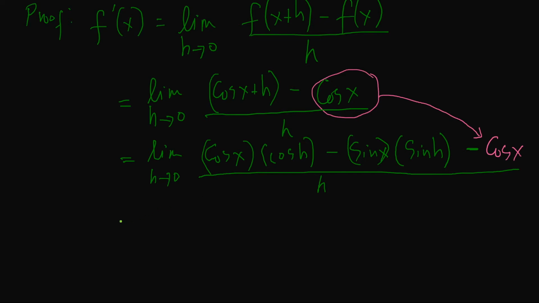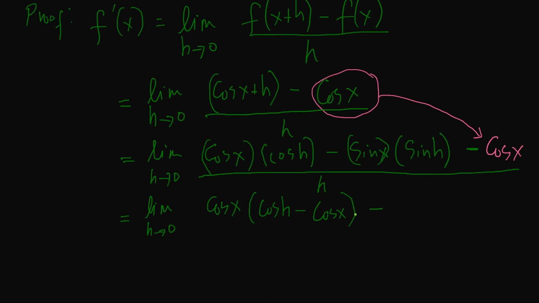Same as the process in our previous proof, our limit as h approaches 0 will be equal to this one, cosine of x times cosine of h minus cosine of x. I have rewritten the numerator and combined terms, and those terms are terms with cosine of x because my plan is to factor out cosine of x.